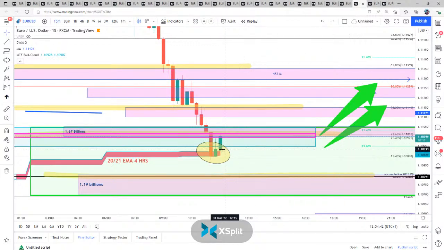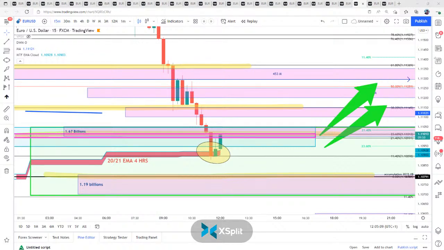For example, if we go up and we come back to this 2140 or 2360 fib here, we can add back on it. And that's the great thing about this setup, is when it's confirmed, it gives you more insurance that we can add back with more safety inside the move we already have.